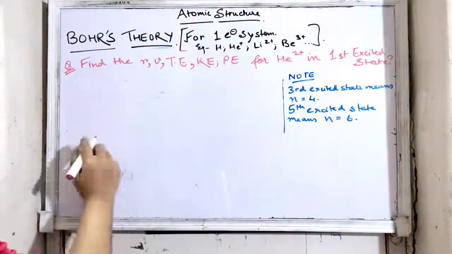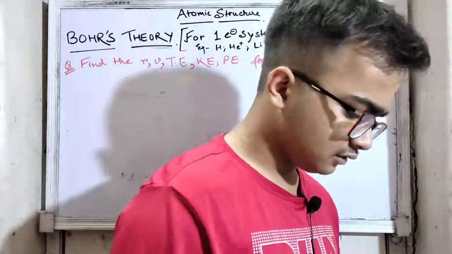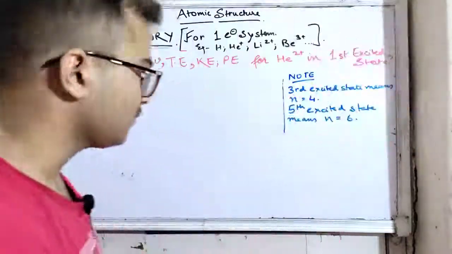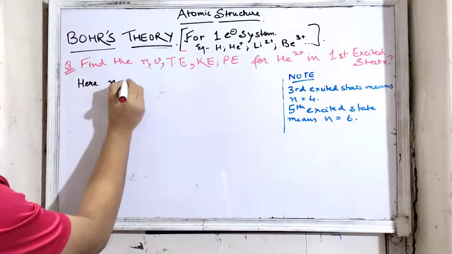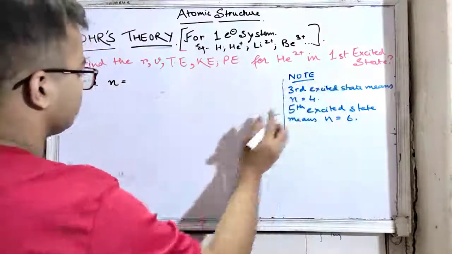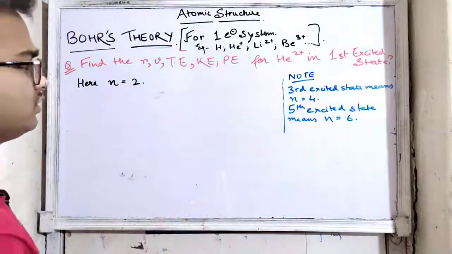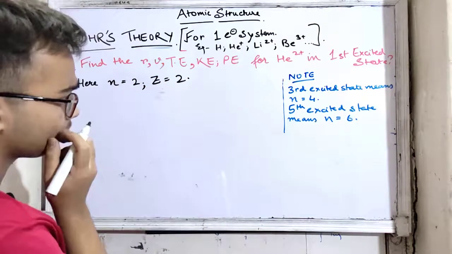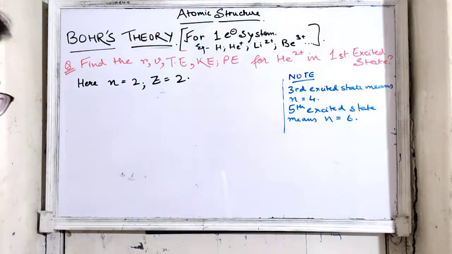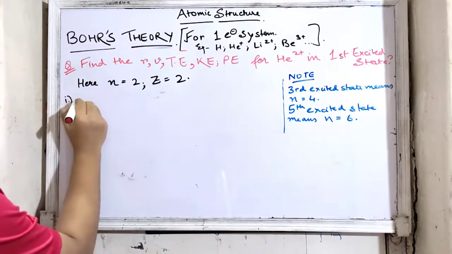So let's solve it here. So let's write with my black ink again. Here n equal to, since this is first, so this will be 2, and helium is atomic number 2, so it will be Z equal to 2. Okay, now I have to find the Bohr's radius. So number 1, this is r.